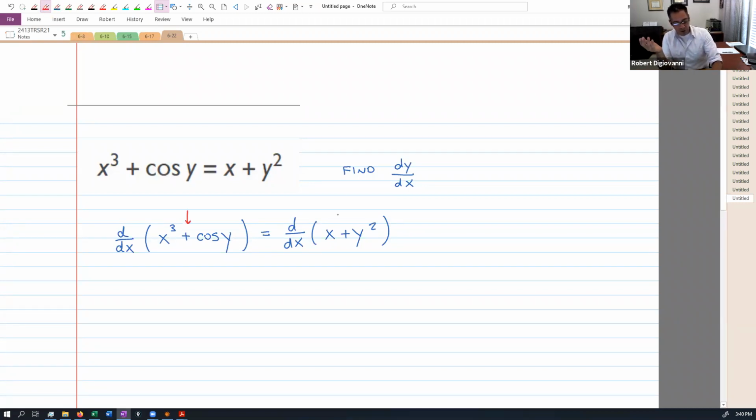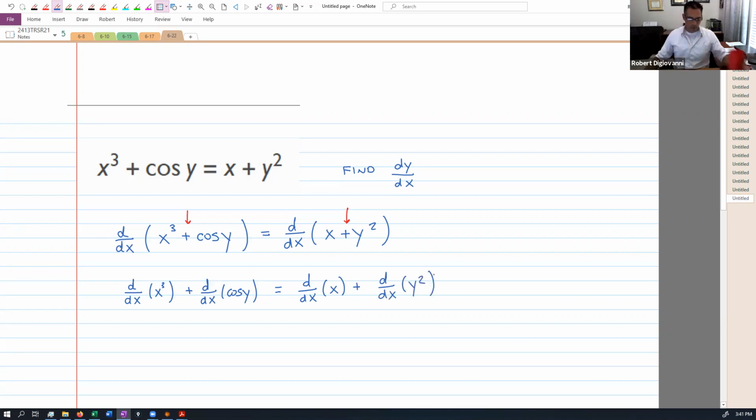I see pluses here and here, which allows me to break this up into two separate derivatives, one here, one here. I can do the derivative of each one because of the pluses. Any questions there?